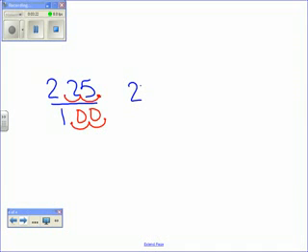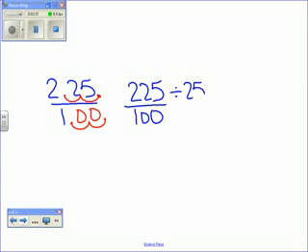So now I have the fraction 225 over 100. And then I can think, okay, $2.25 and $1. I can divide both of those numbers by quarters. So I'm going to divide those by 25.